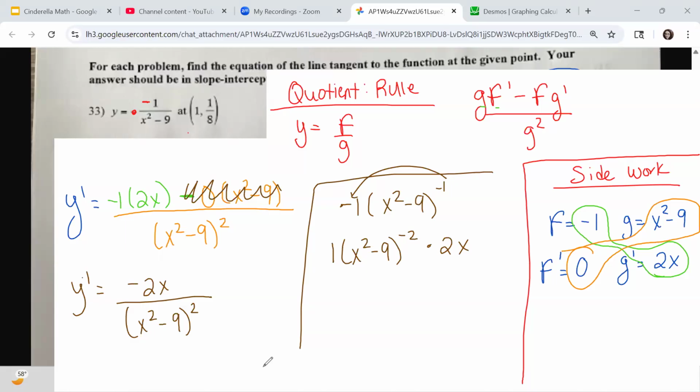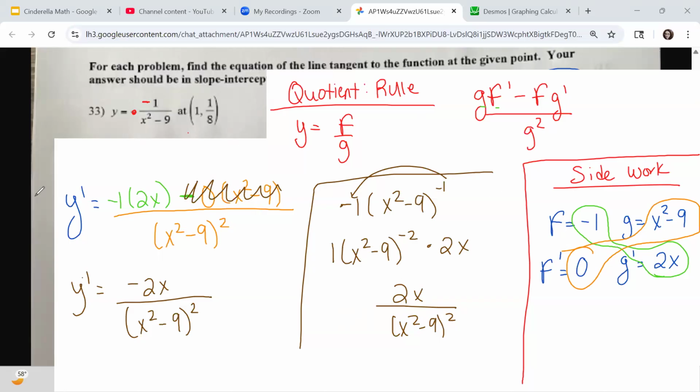So I made a mistake in either one way or the other, and I don't think I made a mistake in the first one. Because this would just be 2x over x squared minus 9 squared. That is so weird. I don't see my mistake.